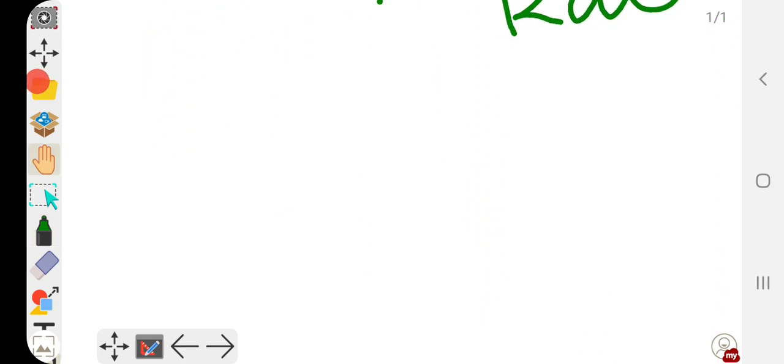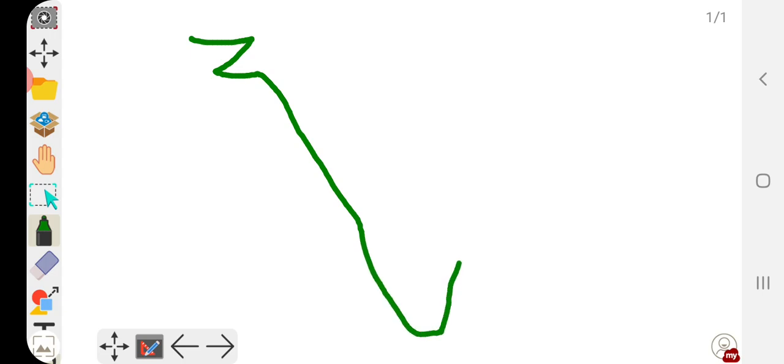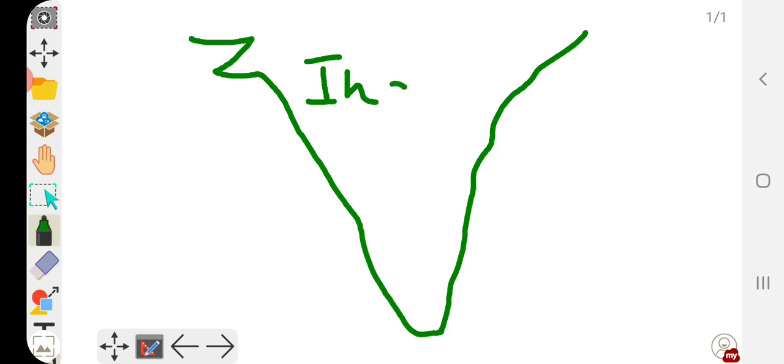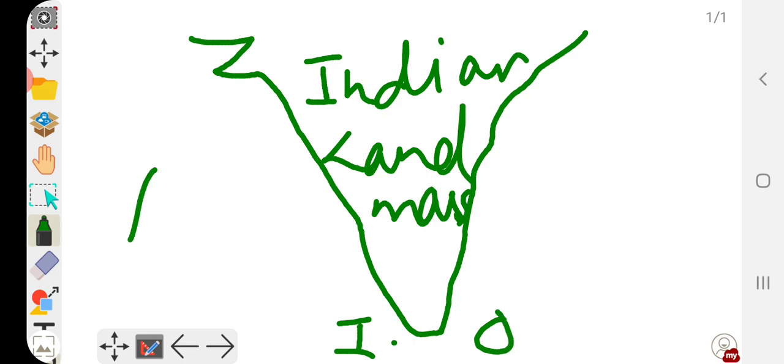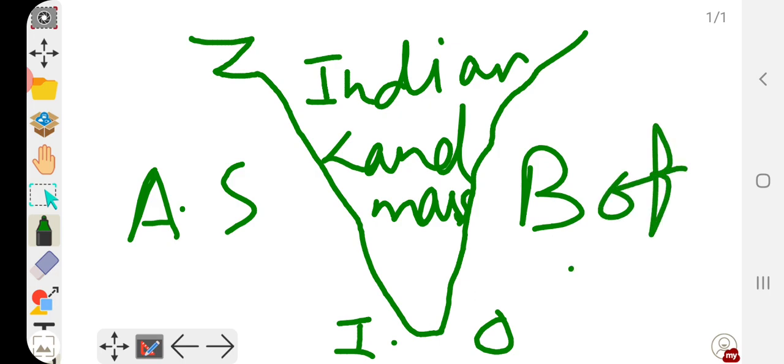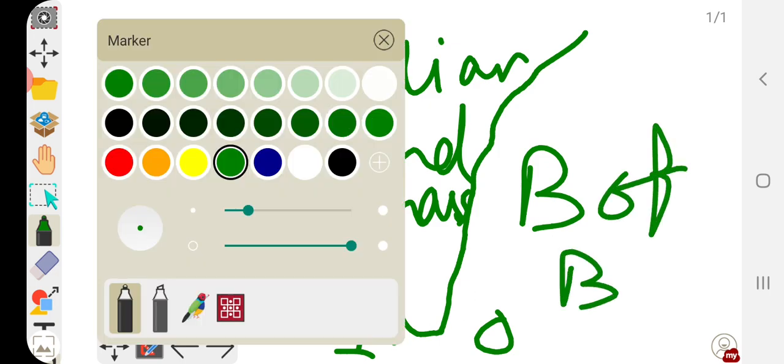When we are having high temperature, this is the Indian landmass and this is the Indian Ocean. Here it is the Indian Ocean, Arabian Sea and Bay of Bengal.